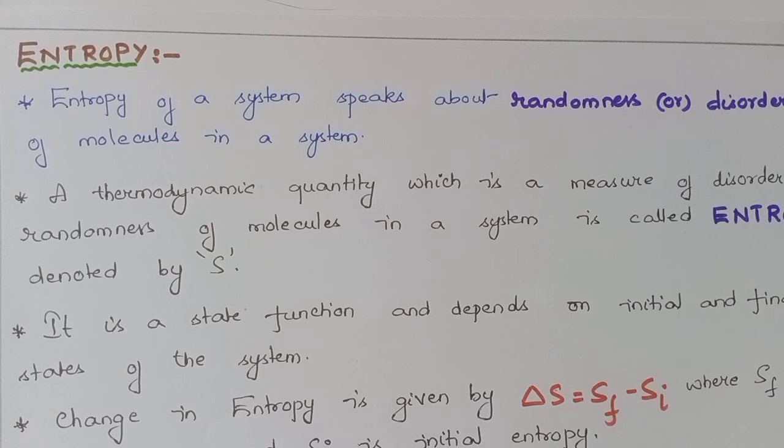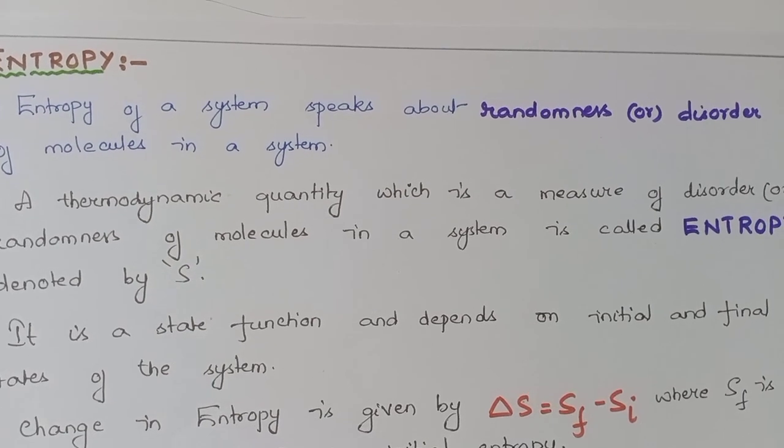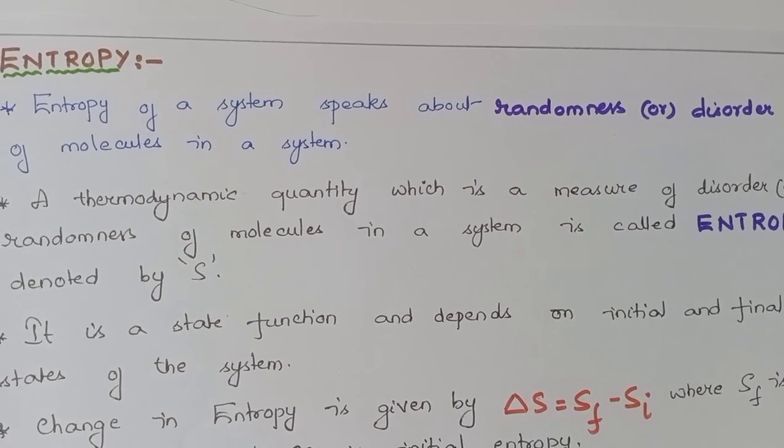Wherever there is disorder, wherever there is no uniformity in the arrangement of the molecules, we call it entropy. So the entropy of a thermodynamic system speaks about randomness or disorder of molecules in a system. That is the first point you have to mention, students. Entropy of a system indicates randomness or disorder of molecules present in a system.